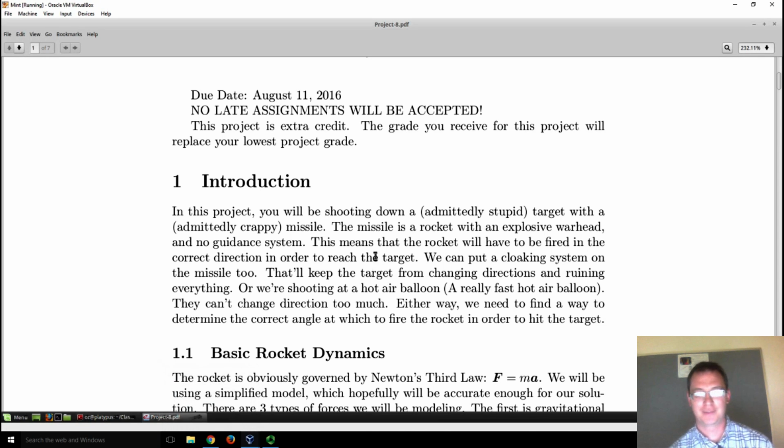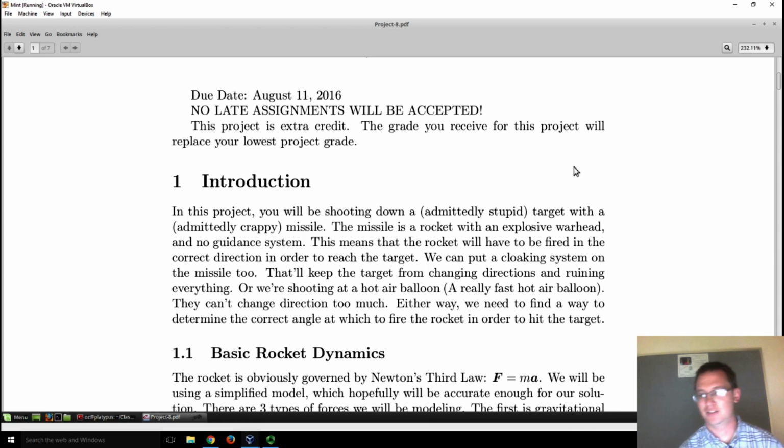And anyway, so we have a rocket with an explosive warhead, no guidance system, which means it's a big bullet. We have to shoot it in the right direction, okay? If you want to think about it, you can put a cloaking system on it, or think we're shooting at a hot air balloon. Either way, we need to figure out which direction to shoot this thing, okay?